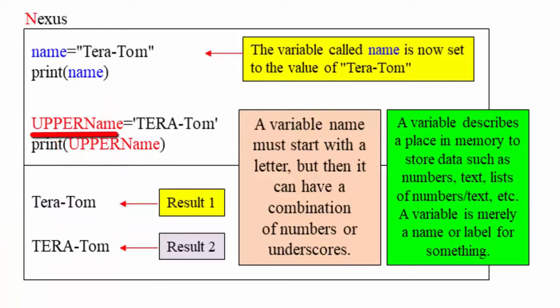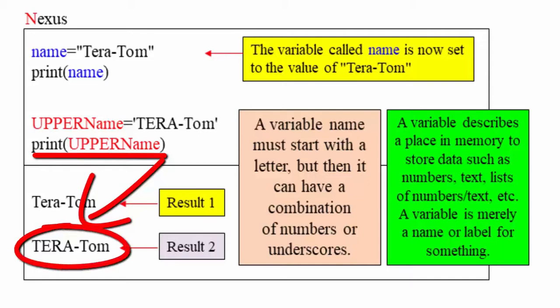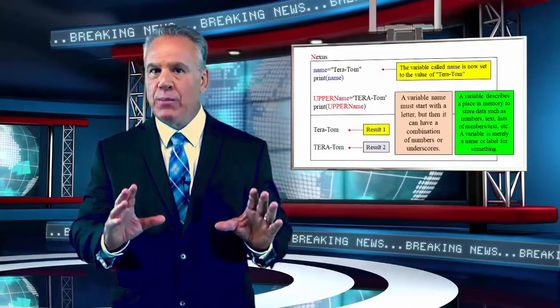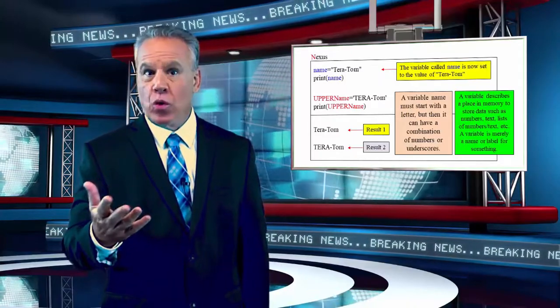I'm going to say upper name equals, and again, I can have capitals: Tom capitalized, capital T-O-M, and then I print upper name. So you have no problem using capitals in any variable names. As a matter of fact, a variable name must start with a letter, capitalized or not, and then it's going to contain a series of letters, numbers, or underscores.